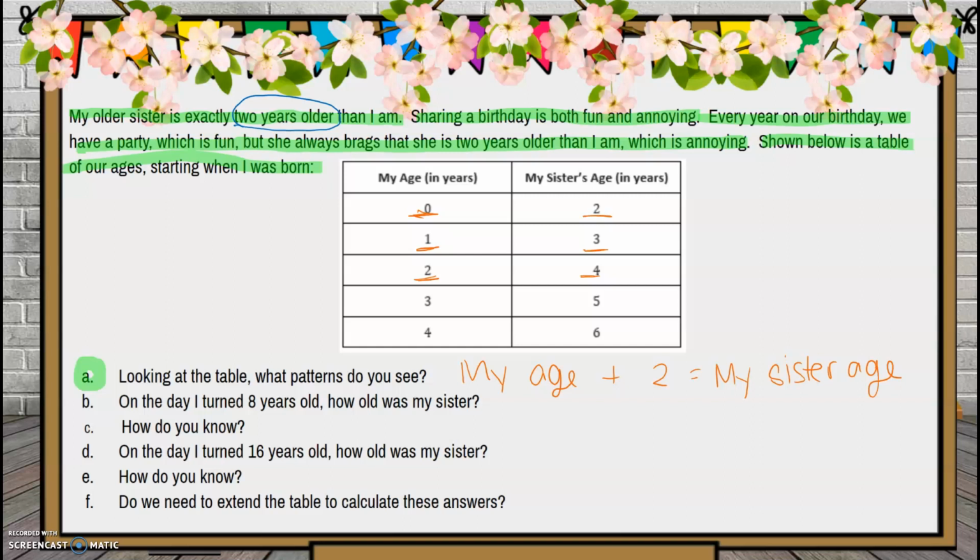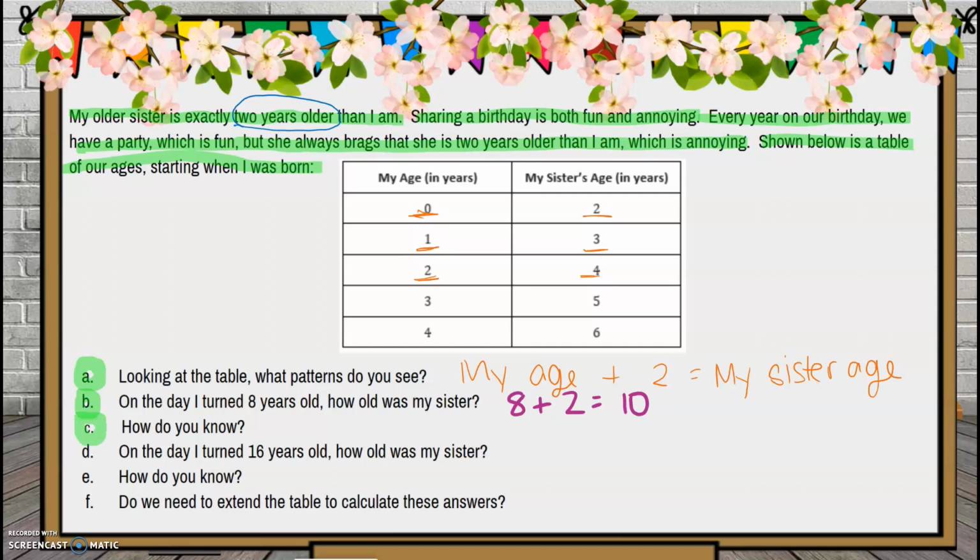The next one, letter B, says, on the day I turned 8, how old was my sister? So logic tells me that when I turn 8, my sister's age would be 8 plus 2, which is 10. The next question says, how do we know?